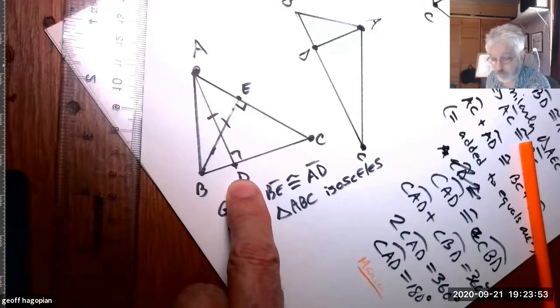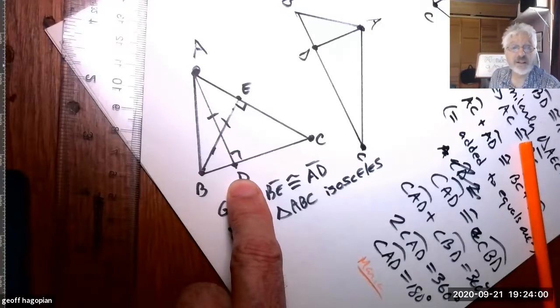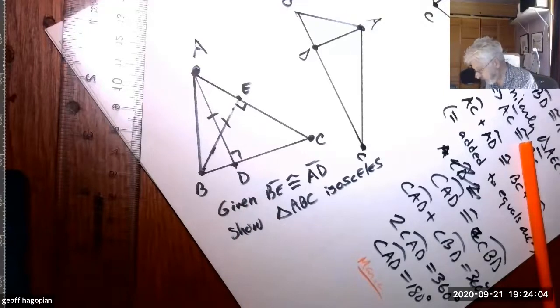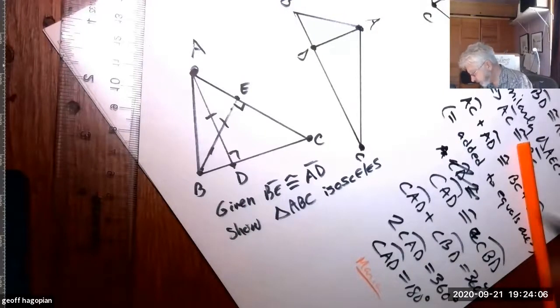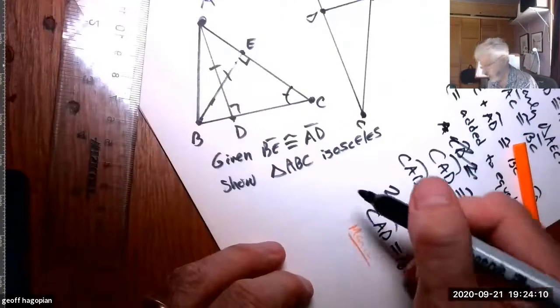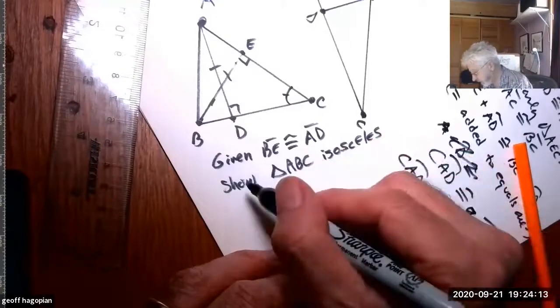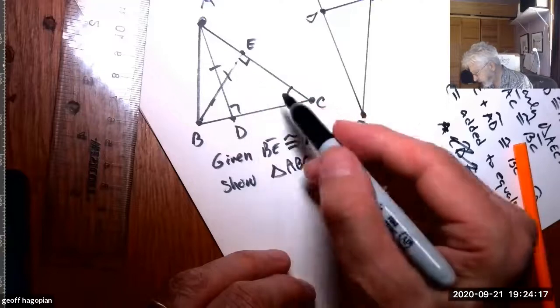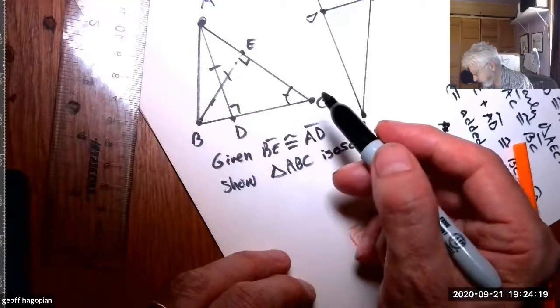Yeah, so that angle is congruent to itself, right? So I can say here that they have one side and one angle congruent.